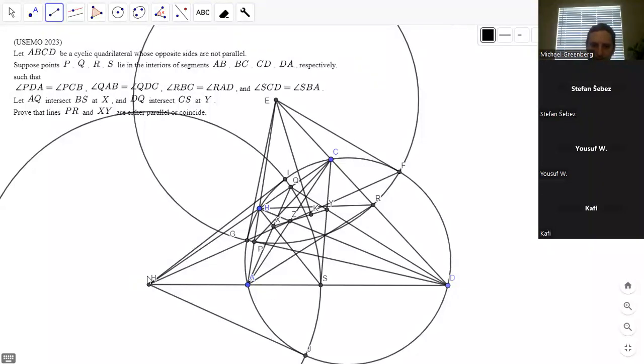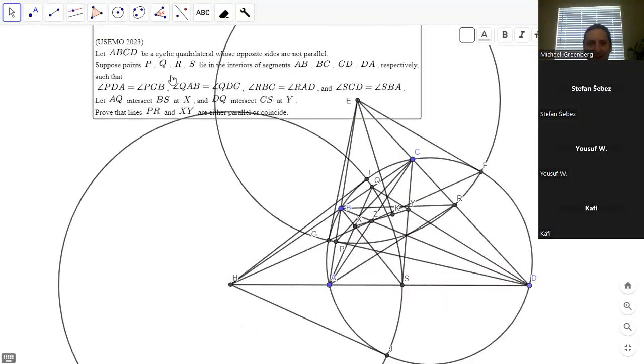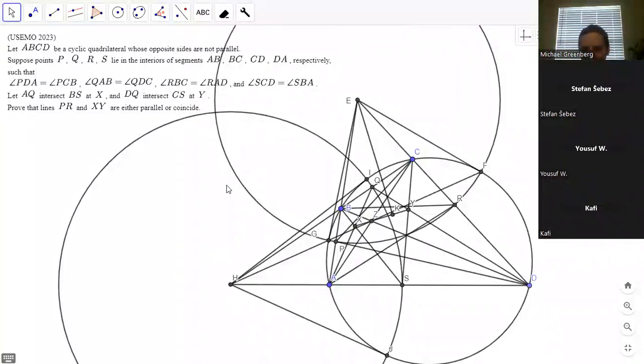Because it's perpendicular to the angle bisector of QHS. So basically we just need to show the angle bisectors of CHD and AED are perpendicular, and that's just the angle chase. So we can skip the angle chase. Yeah, I agree. I like it.